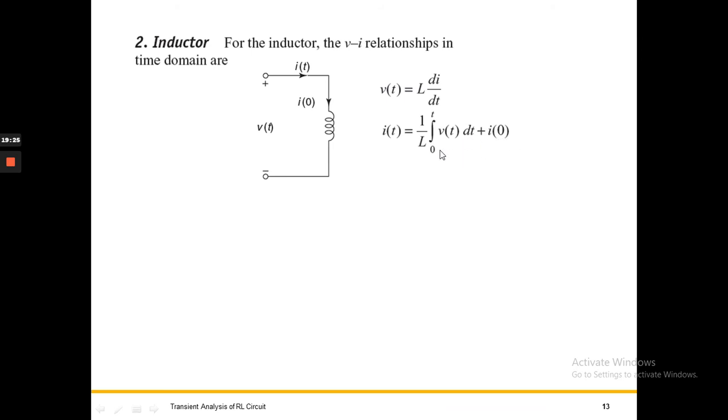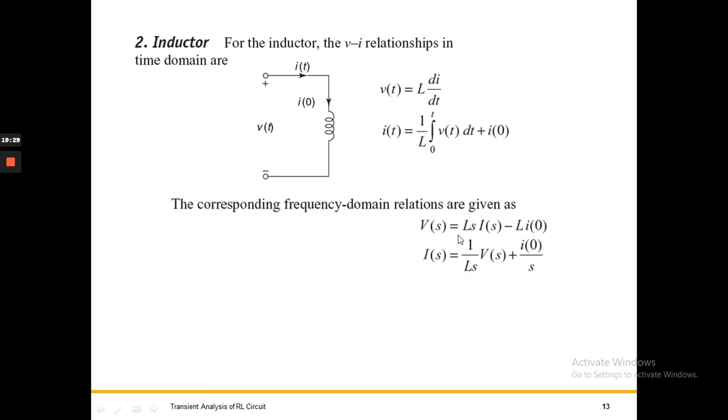Taking the Laplace transform of the first term, v(t) becomes V(s). The Laplace transform of a derivative is s F(s) minus F(0), where F here is the current I. So it is s I(s) minus I0. Taking the Laplace transform of this equation, which is the KVL, you obtain this equation.